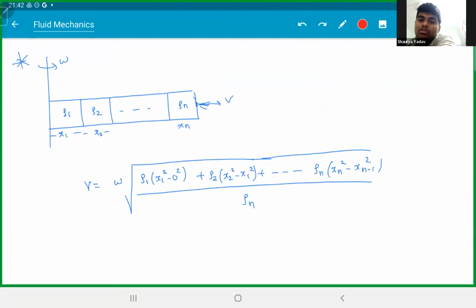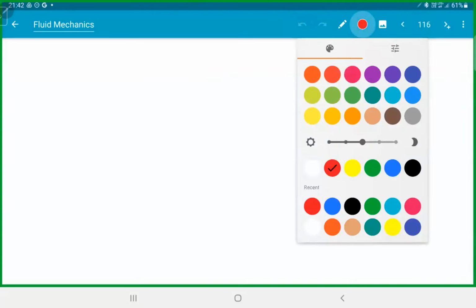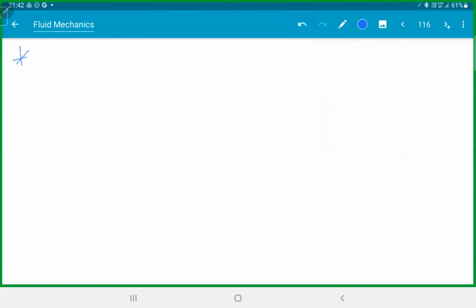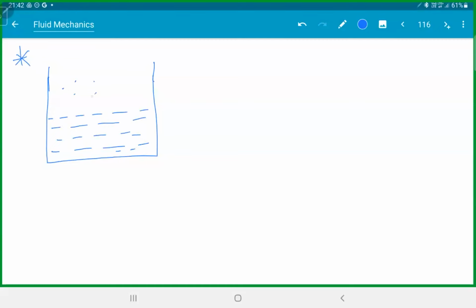Okay, now see, look at this thing. Based on this, we can get even a good question actually. Suppose you have a container, let's say it is filled with different layers of liquids. Let's say this is one layer here. This is another layer here.